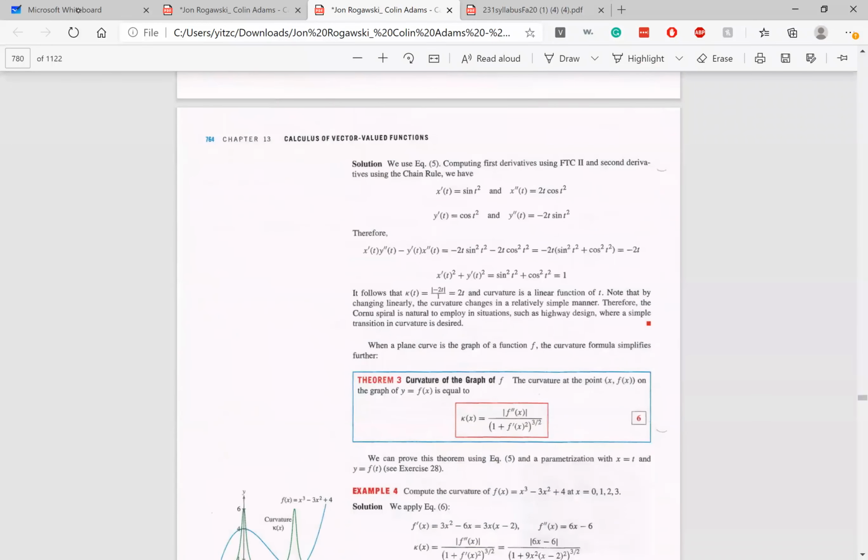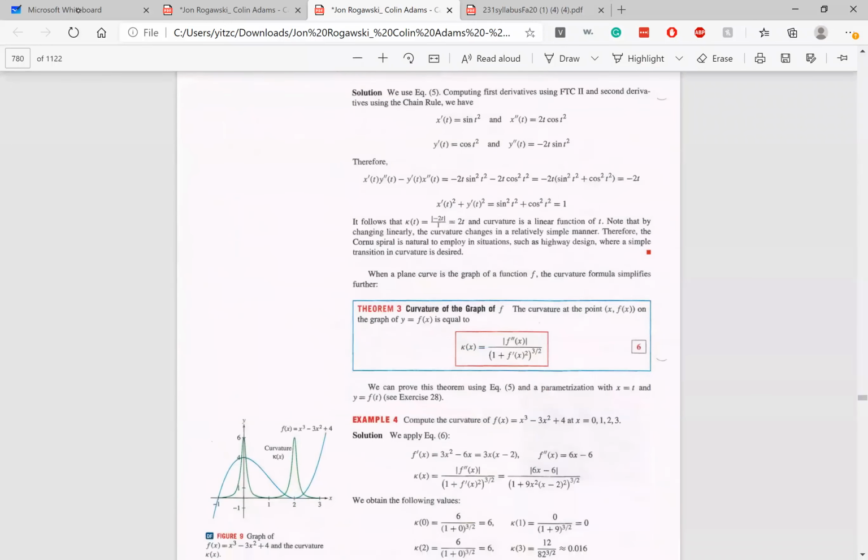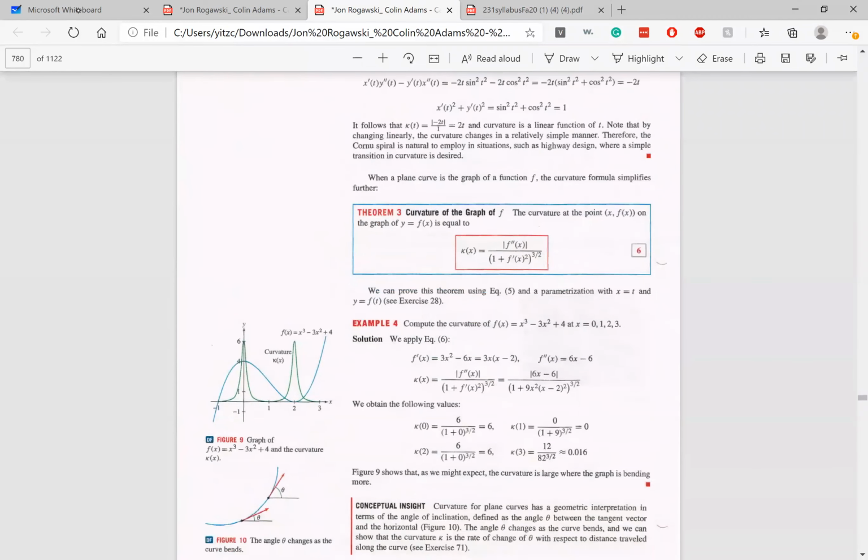And then this over here is the curvature of a graph. So again, now you have x and f of x. Again, slightly different formula, but it comes from the above formula, so you don't actually need to memorize them. Anytime you're given a graph, you can turn it into a parametric equation by saying r of t is equal to t and f of t.